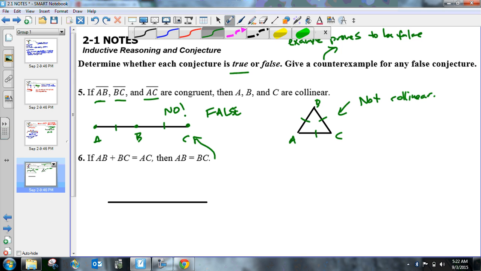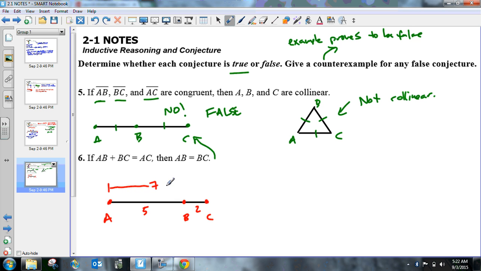What I can do is this. I can call this A right here, I can call this C here, but I could put B right here. I could call this 5, I could call this 2, and I could call the whole thing 7. So here's the thing, guys.